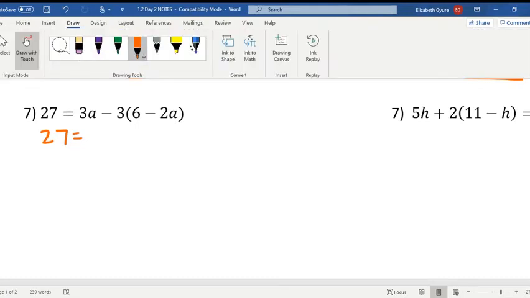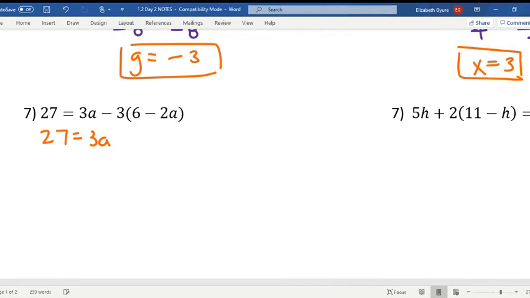So now we need to distribute our negative 3. So help me distribute. Owen, what is negative 3 times 6 going to give me? That would be if we were multiplying by 4. This is negative 3 times 6. 18, that's okay.